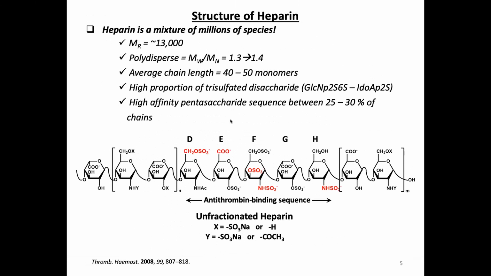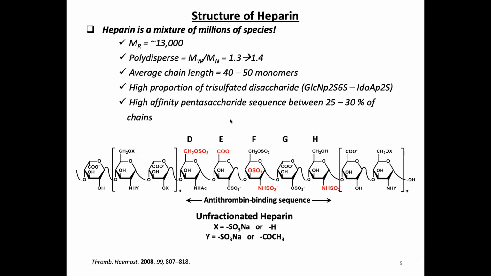The repeating unit essentially can have variations at the 6th position of the glucosamine, or at the 2 position of the glucosamine, or at the 2 position of uronic acid, or at the 3 position of glucosamine. And the uronic acid itself can be of the iduronic acid type or the glucuronic acid type.